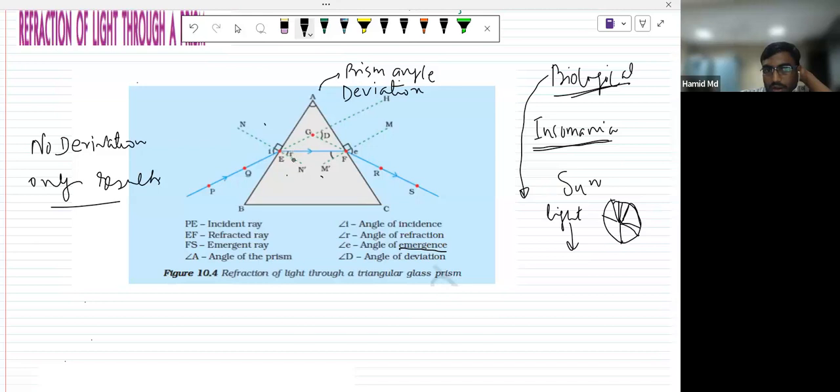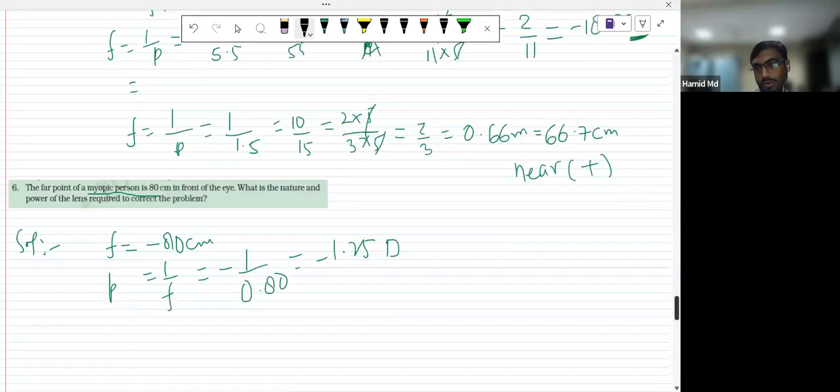You will see that light is coming toward the normal. When light is going from a denser medium to a rare medium, it is moving away from the normal. So this was the basic introduction of it. There is no more discussion.